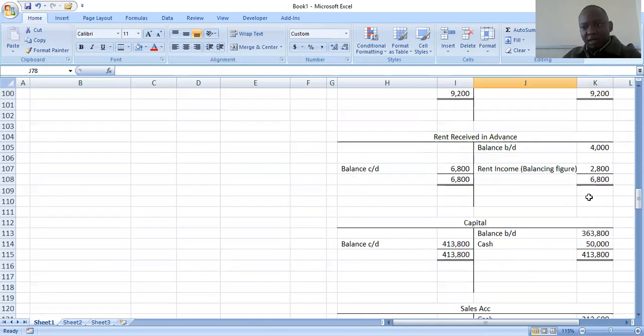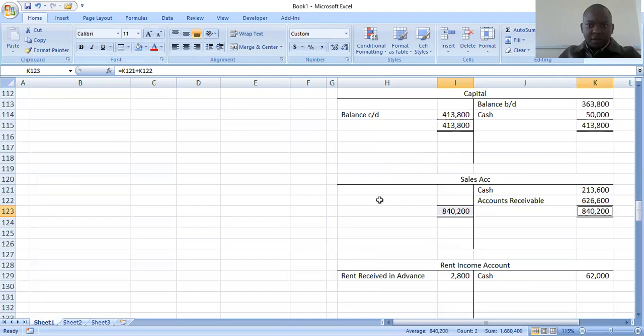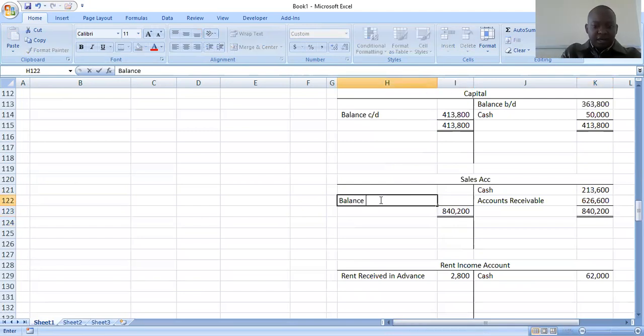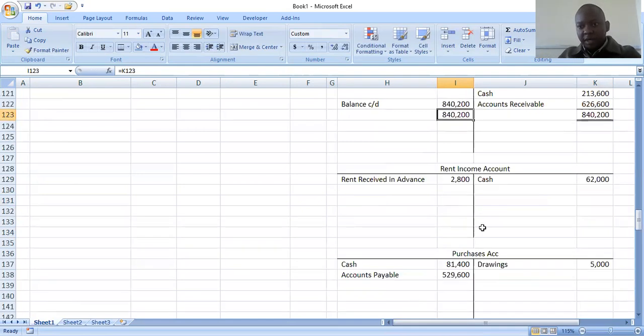Any other account not balanced off? We have sales, we balance them off. The balance carried down from sales is 840,200. Then you have rent income account.